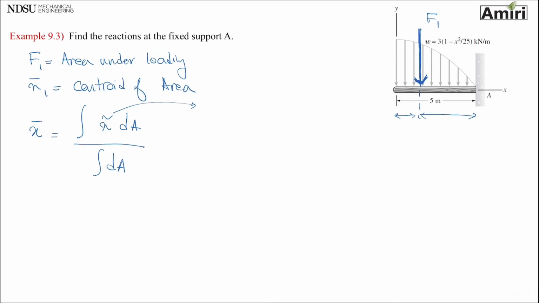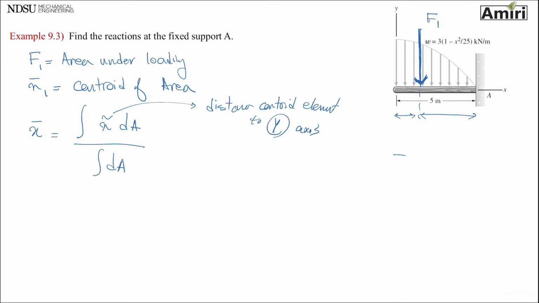X tilde, I keep repeating this so you can just remember it: distance, centroid of element to Y axis, and dA is differential area of the element, and bounds of integral. Those are the three things we need to find.